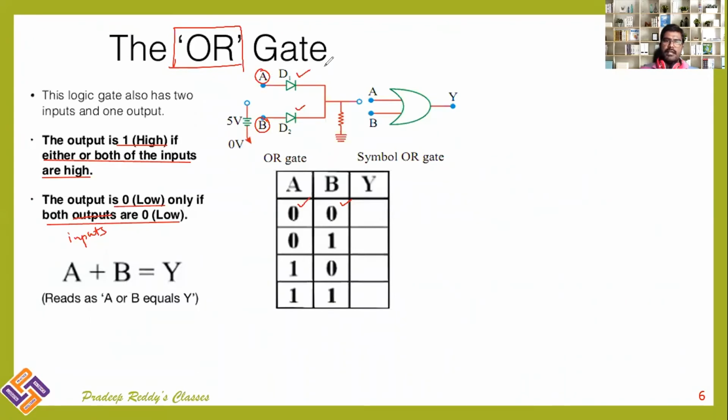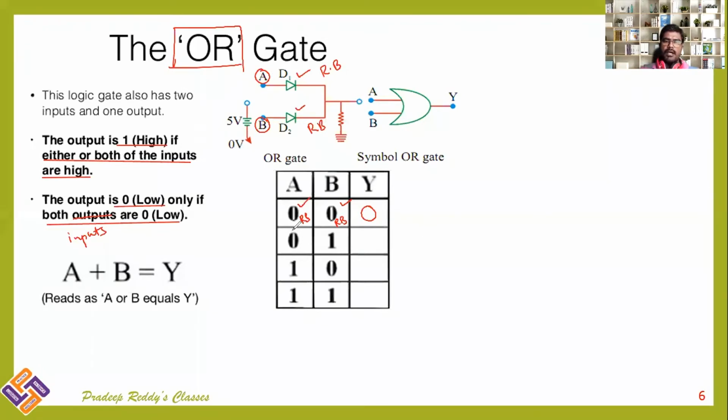For a negative signal, this junction diode is in reverse bias, and this junction diode is also in reverse bias. As a result, output will be 0. You cannot see any output because no current flows over here, because these two junctions are in reverse bias.